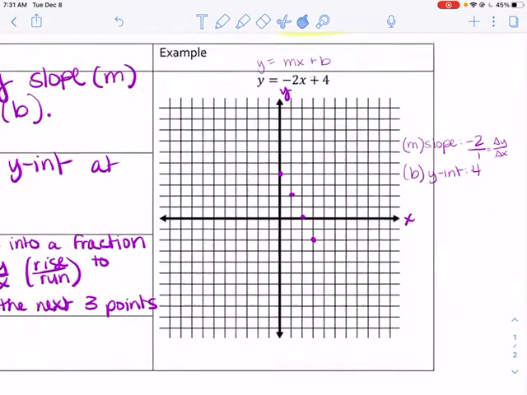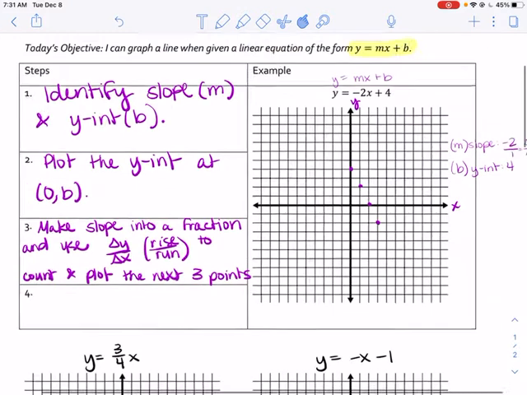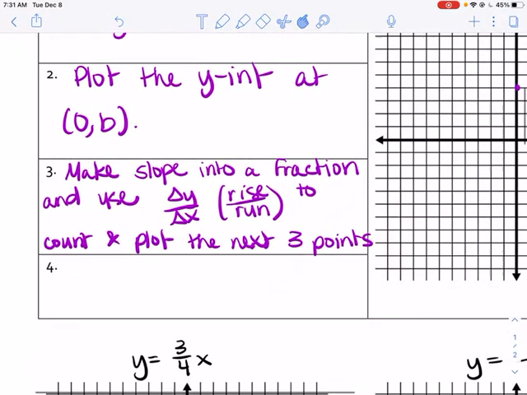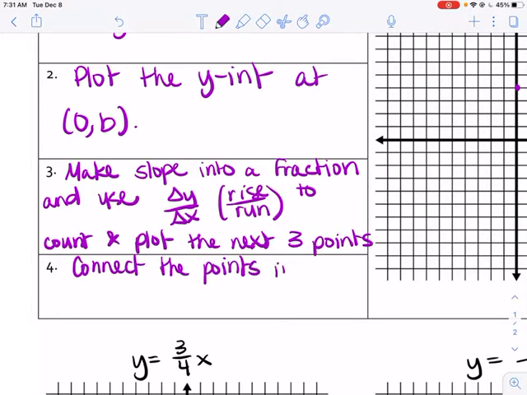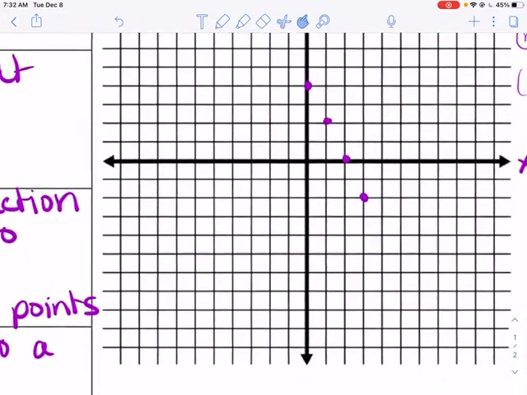Okay, last, we need to make sure this is a line, not just a collection of points. So we're going to connect the points into a line, with arrows. Okay, let's go over here.